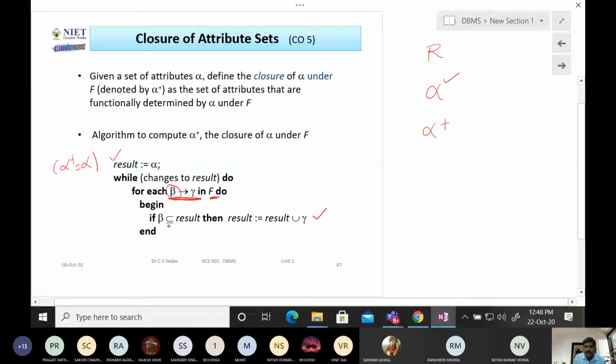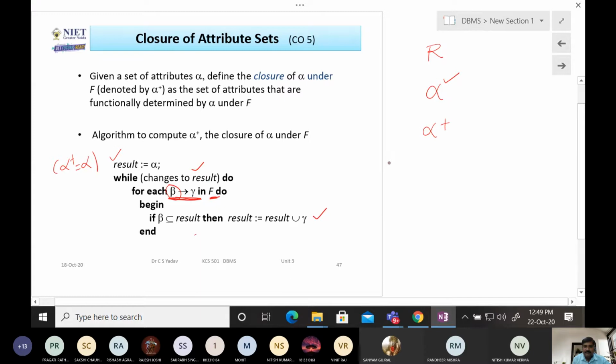And we will do this process for all the FDs of FD set F. And if changes occur, then we will repeat that process. And if there is no change in the closure of the attribute set, then we will stop this algorithm.